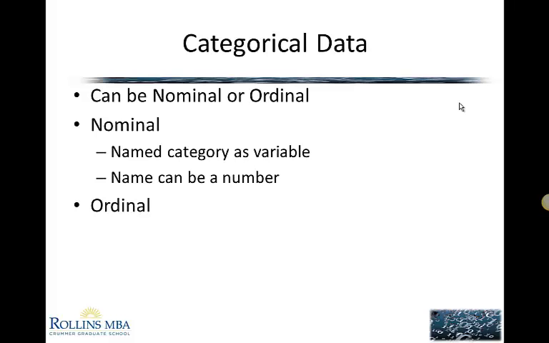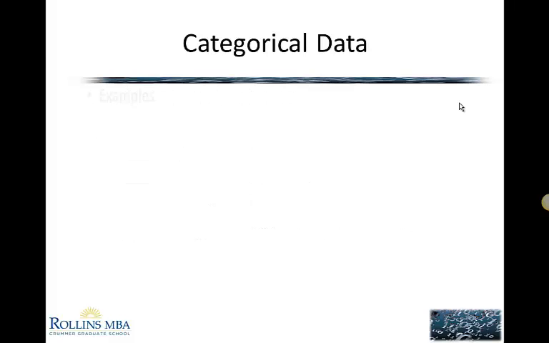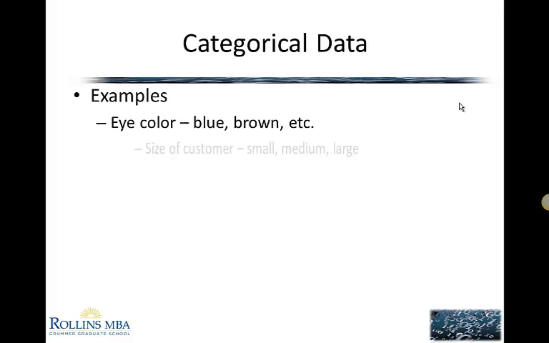Ordinal data is very similar. It's a descriptive name, but something in the descriptive name of the category identifies a rank order of the values. So in the examples again on the previous slide, eye color would most likely be just nominal. We're just describing the color of the eyes, blue, brown, gray, hazel.